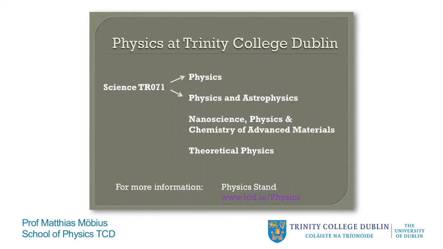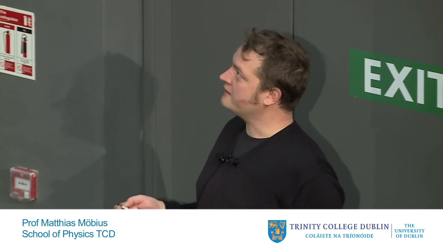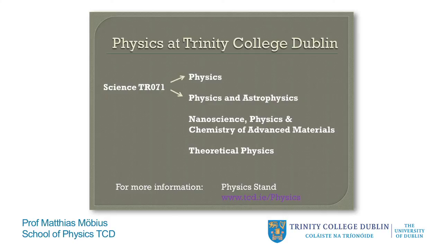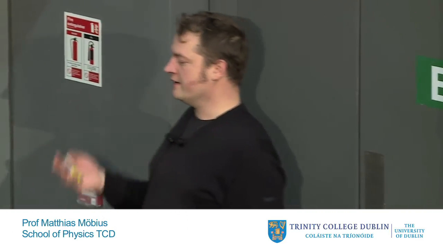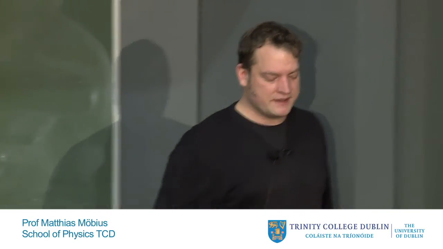So the first 2 years are essentially the same for both of these physics courses. And then for the astrophysics people, the 3rd and 4th year would be different and more focused on astrophysics. You also have the nanoscience, physics, and chemistry of advanced materials. So this course is focused, as the name implies, more on the nanoscience material aspect of physics.